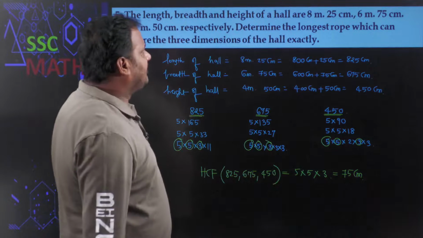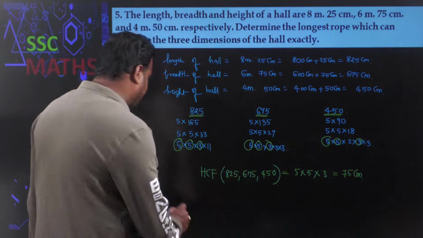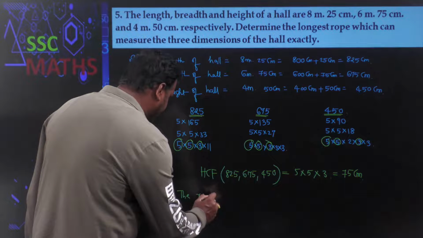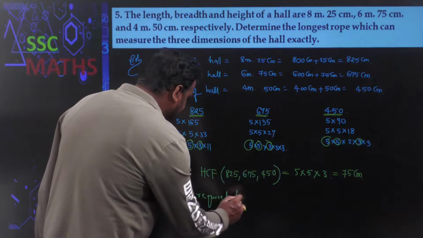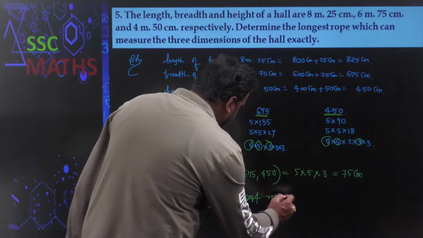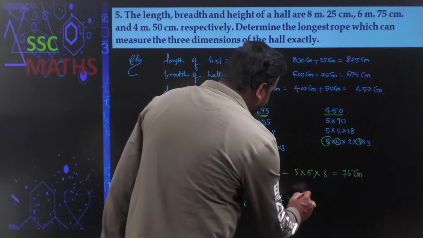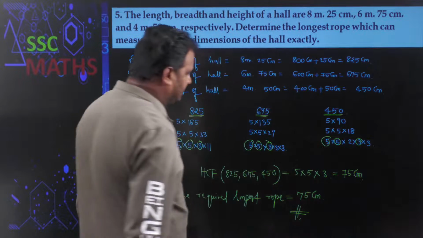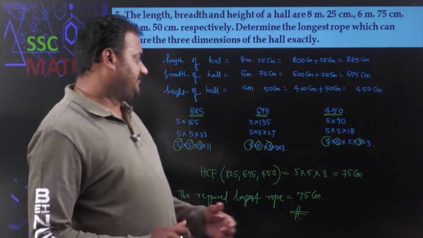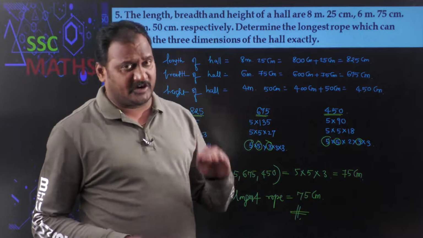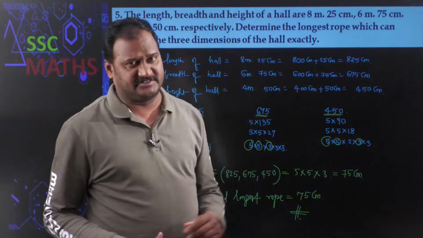Therefore the required longest rope is equal to 75 centimeters. This is the way of answering the problem. If you take a 3 centimeter long rope, we can measure all three dimensions with it.